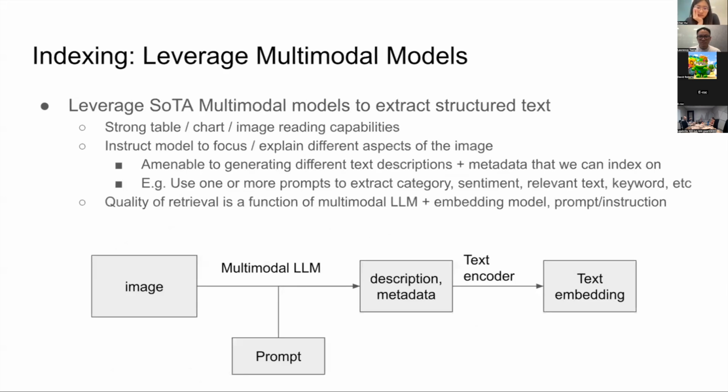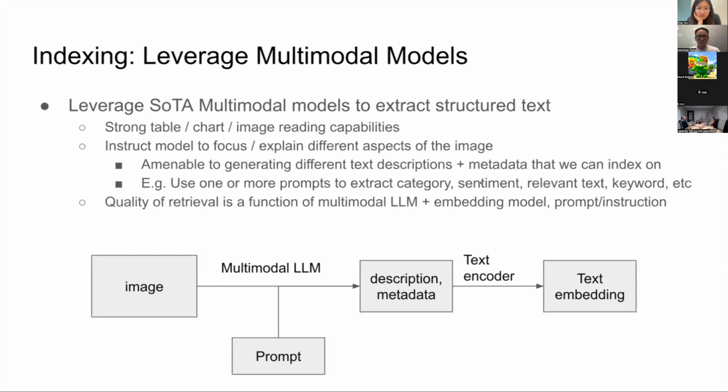More specifically, you can leverage multimodal models to extract structured text from the image. Multimodal models have pretty strong table, chart, and image reading capabilities. So you can extract some sort of structured dictionary, generate a structured text description plus other attributes. Given an input text prompt plus the image, you generate this structured metadata dictionary, and then generate a text embedding. This is the thing that you actually store in the vector store.